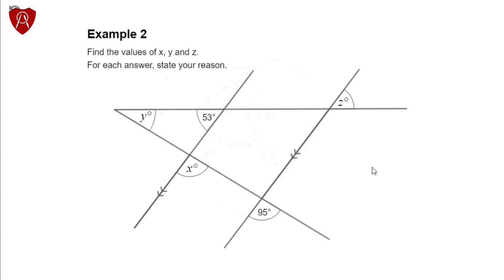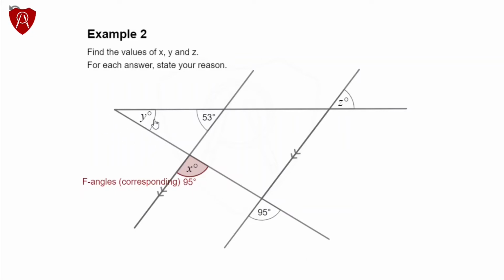We should not get confused by the two transversals because we only need to deal with one at a time. So we will start by solving for X. And looking at X and looking at this 95 degrees, this is quite familiar as the F angles, and so F angles are always equal, and therefore X is equal to 95 degrees.